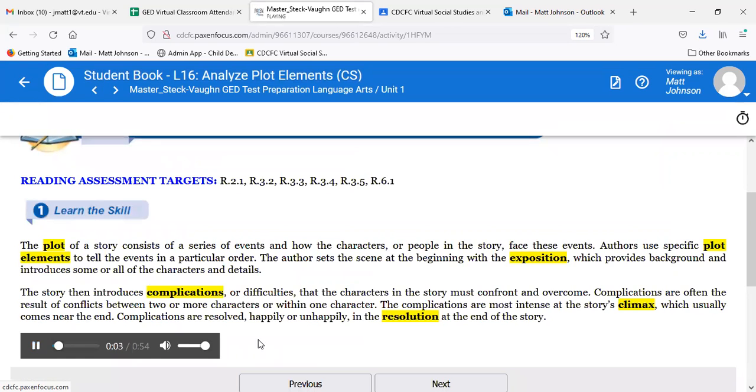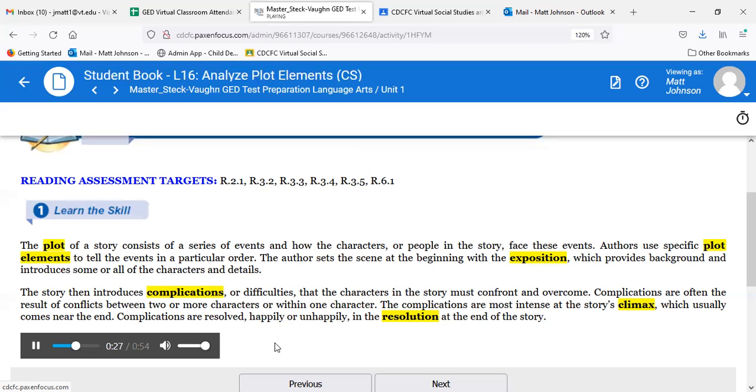The plot of a story consists of a series of events and how the characters or people in the story face these events. Authors use specific plot elements to tell the events in a particular order. The author sets the scene at the beginning with the exposition, which provides background and introduces some or all of the characters and details.